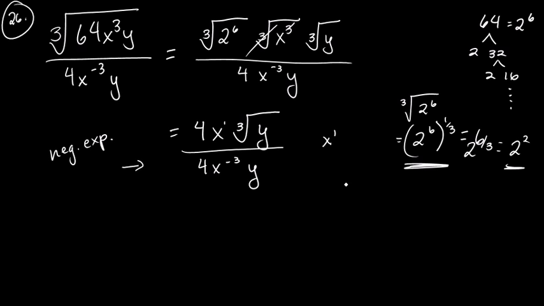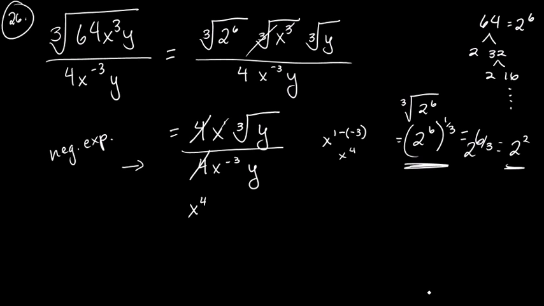Since I'm dividing, I take x to the first minus x to the negative third, so that becomes x to the fourth on top. If you moved that x to the third because of the negative exponent, it would have been multiplied by x cubed times x, so you end up with x to the fourth on top. And as you can see, 4 divided by 4 is just going to be 1.